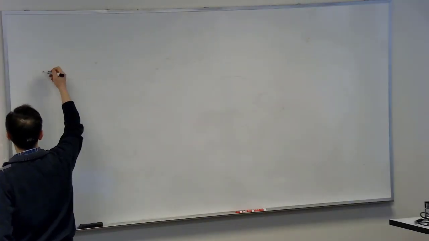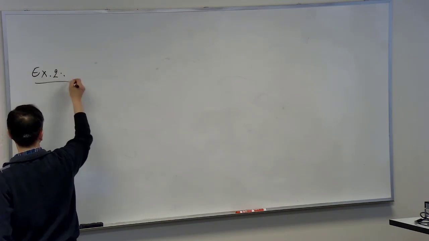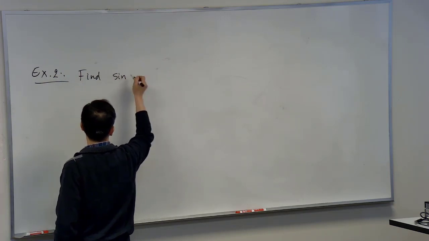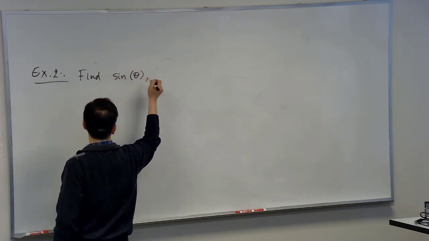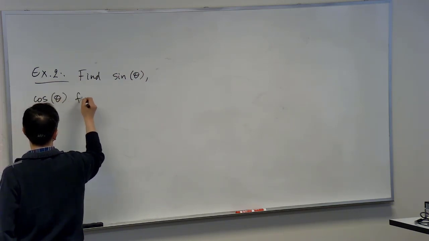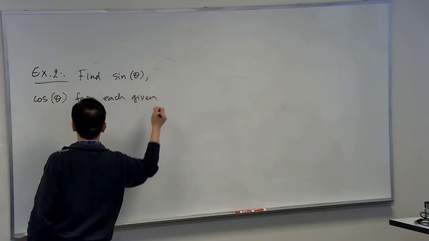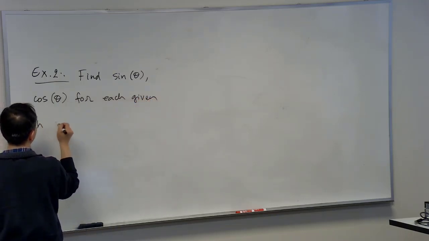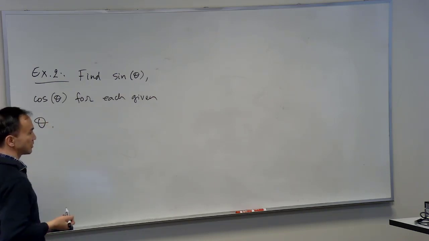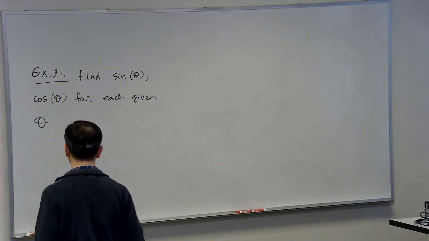So I'm going to bring in example 2 over here, and in example 2 we only have to do a few problems. Once again, we want to find sine theta and cosine theta for each given theta. For each problem, I'm only going to do a few of these so that you get real comfortable with that.